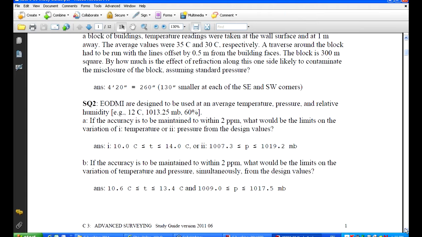And so it's basically 2 parts per million times 1 degree would be then 2 Celsius degrees either way of 12. And 3 parts per million, 6 parts per million then total away from the standard value.